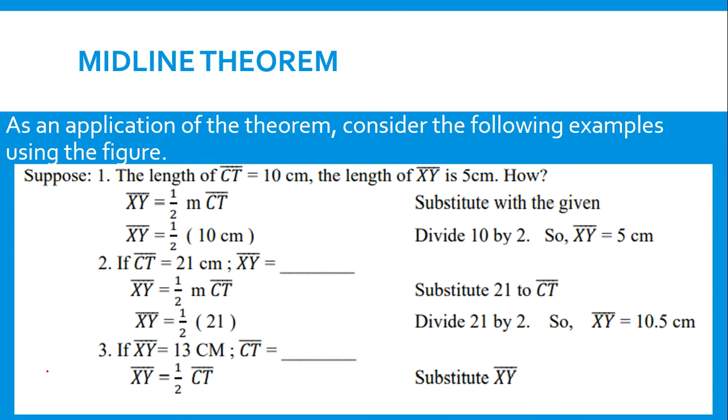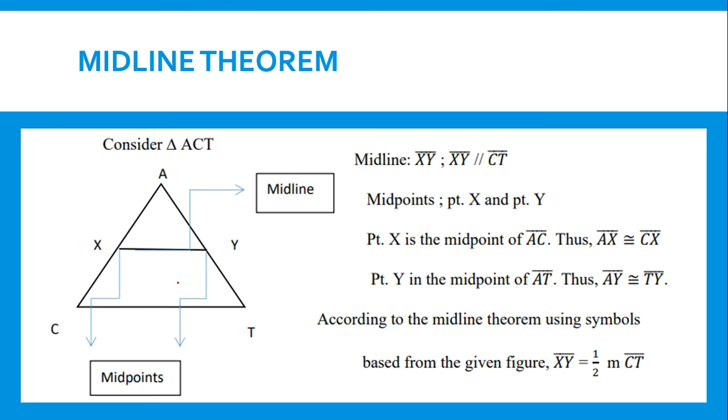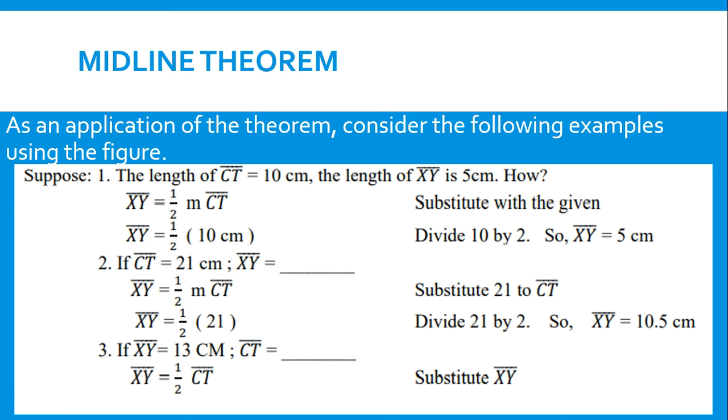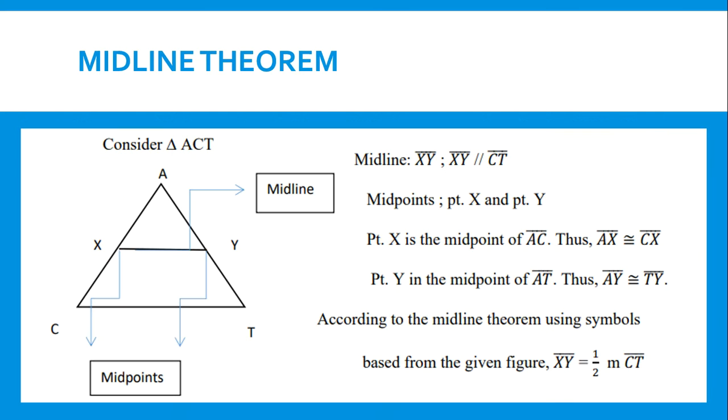As an application of the theorem, consider the following examples using the figure. We are going to use triangle ACT having the midline XY for the following problems. For the first problem, the length of CT is 10 centimeters. CT is the base of the triangle.